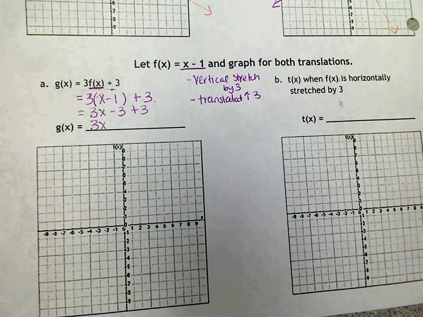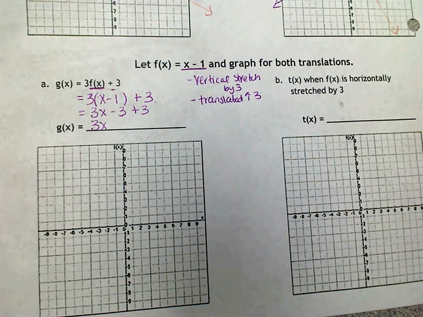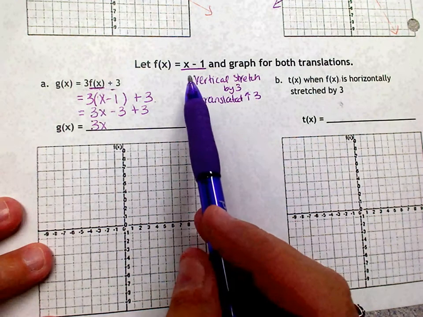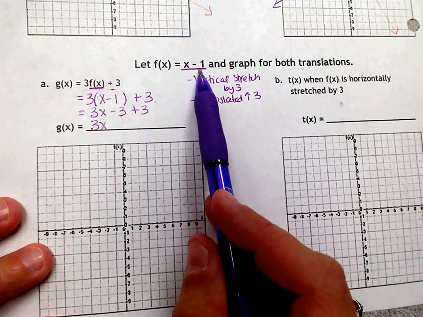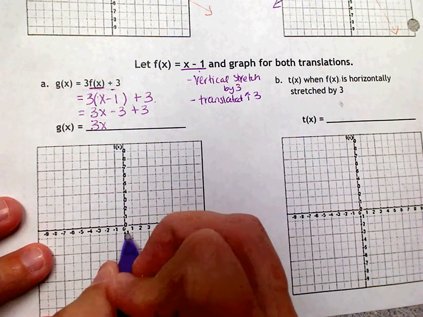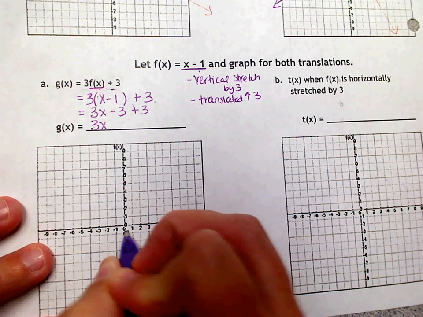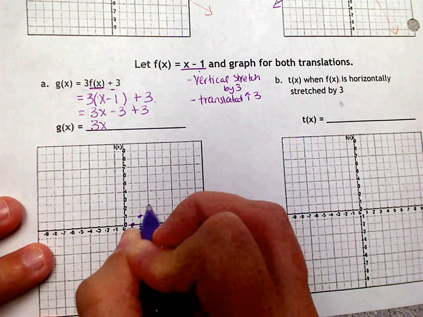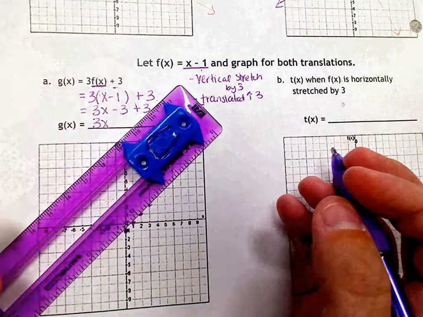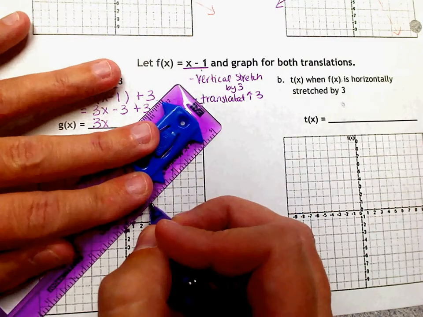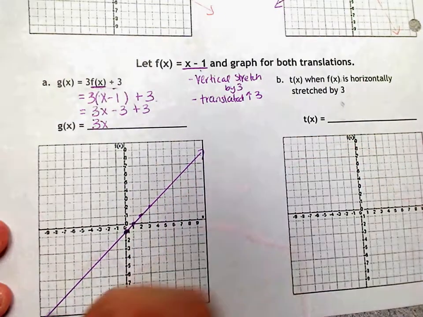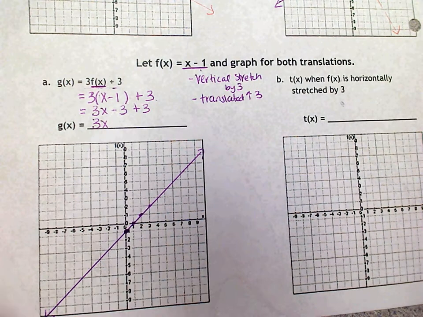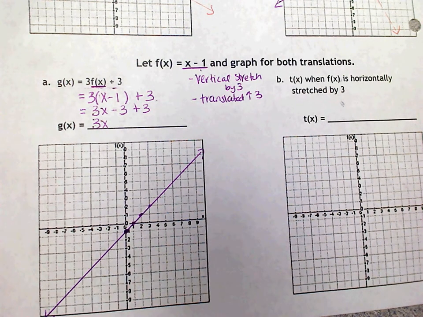Alright, and then we're going to graph. How do I graph the original one? Where do I start? Where do I graph f of x? At negative 1. And my slope is 1, so that means we go up 1 over 1. Up 1 over 1. And then for g of x, where do I start at? What was the y-intercept?